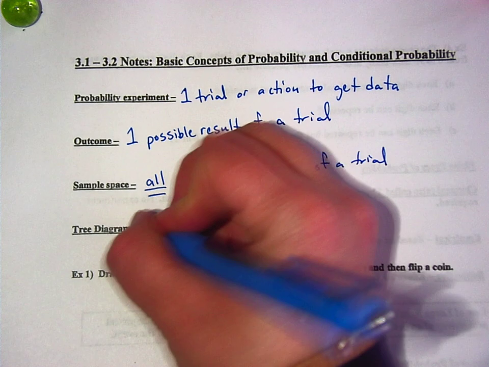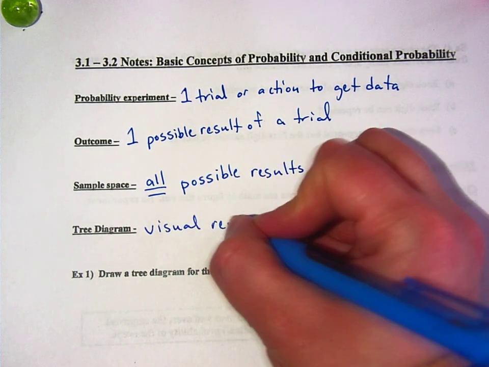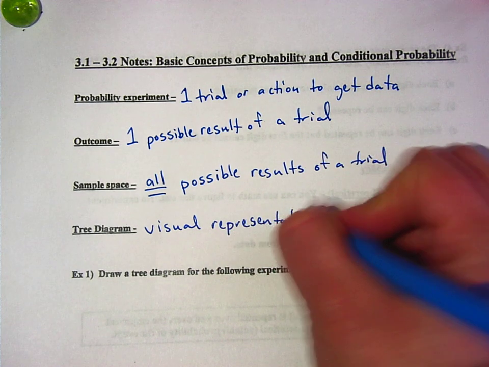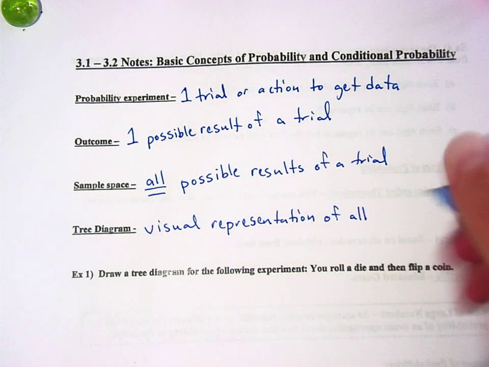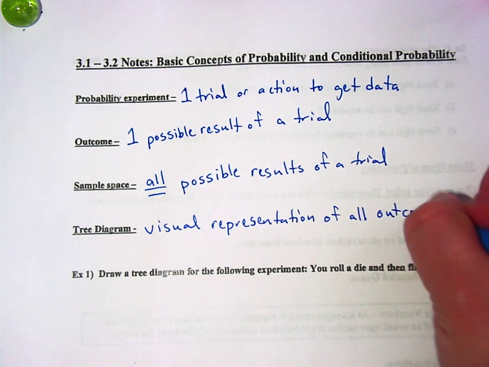And a tree diagram is a visual representation of all outcomes, or the sample space.